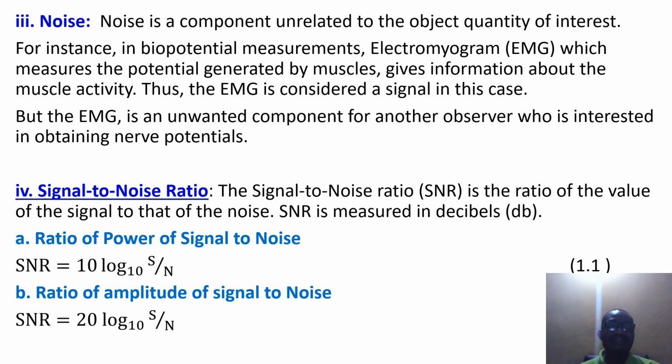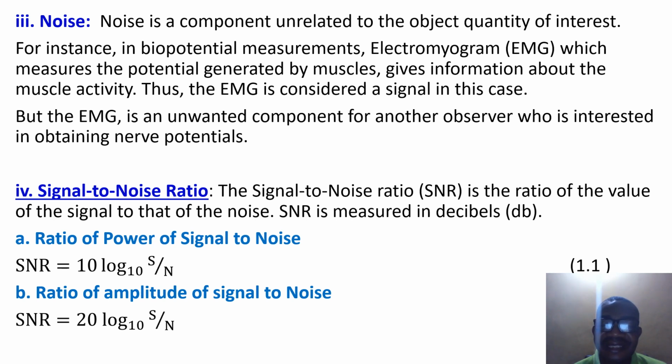Now let's look at signal to noise ratio. The signal to noise ratio is the ratio of the value of the signal to that of noise. It is referred to as SNR.